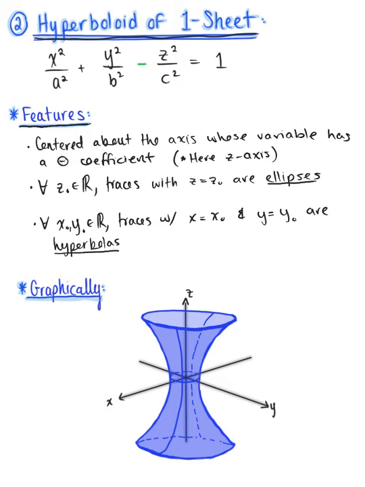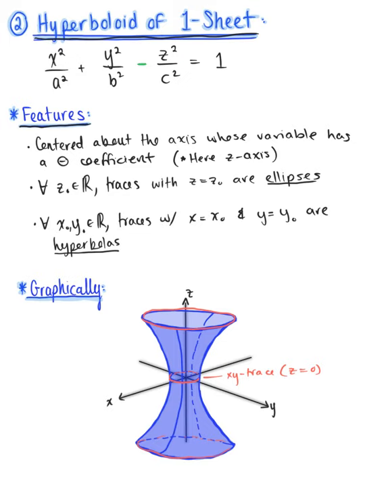Looking at our graphical representation of this surface, we can see these different traces. Here is the xy trace. The xy trace is when z is equal to 0. We can also incorporate traces for other values of z to help us establish that three-dimensional surface.